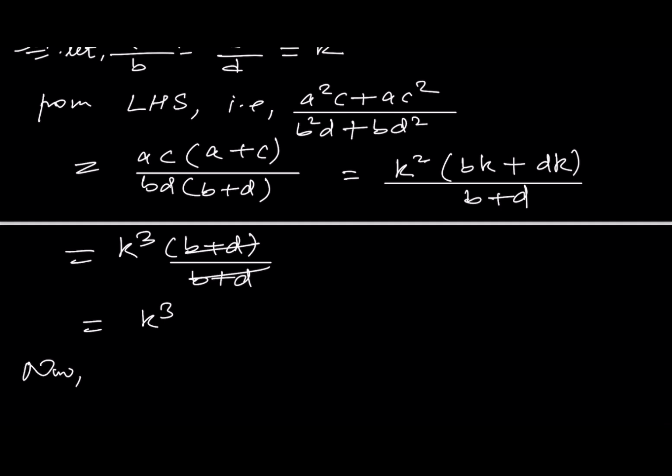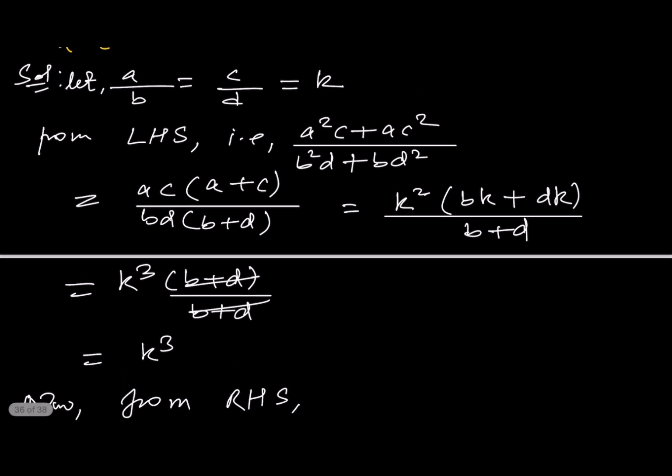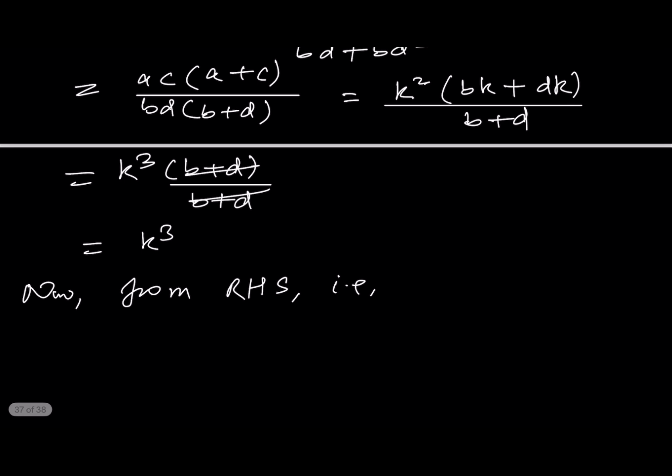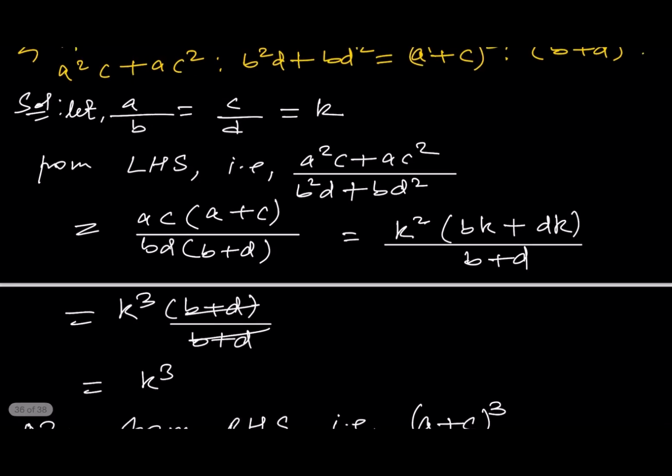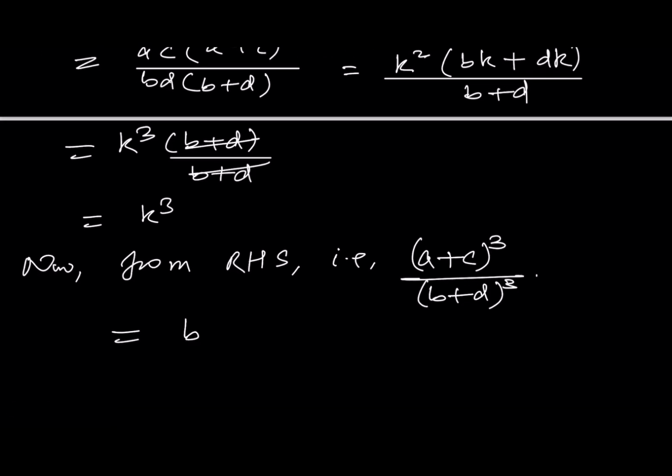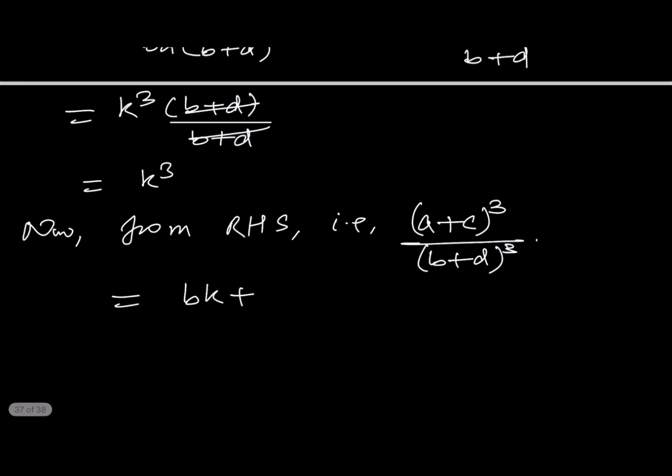Now from RHS, that is A plus C whole cube upon B plus D whole cube. Now if I write A as BK and C as DK, so BK plus DK whole cube on B plus D whole cube.